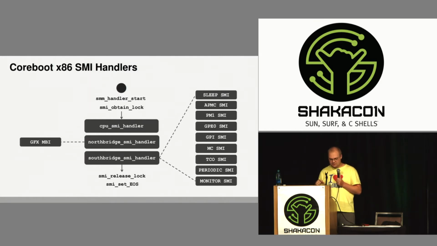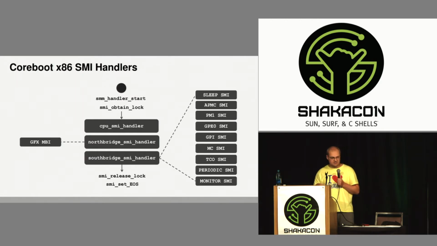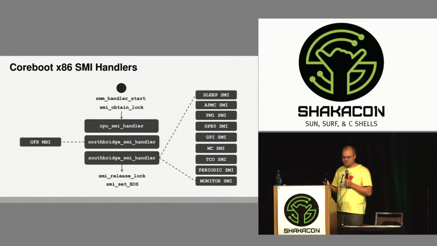So what happens when the SMI handler is triggered? It starts with the flow handler start, which sets the lock, and then enumerates all of the CPU SMI handlers. After it finishes with all of the CPU SMI handlers, it checks what kind of north bridge SMI handlers it has, for example graphic SMI handlers.